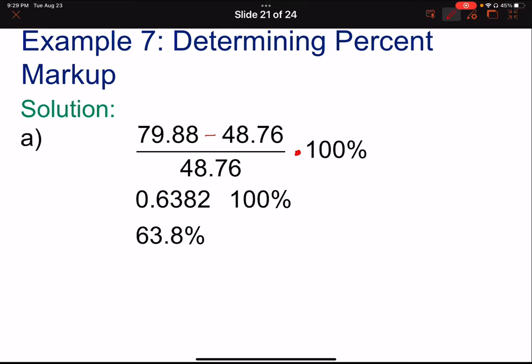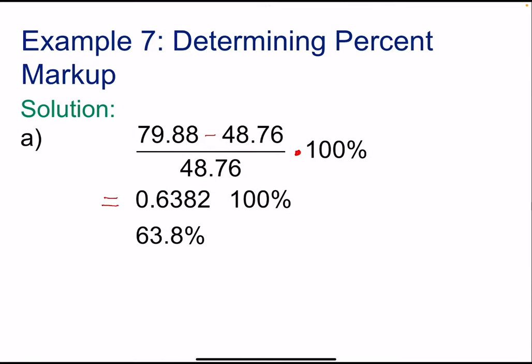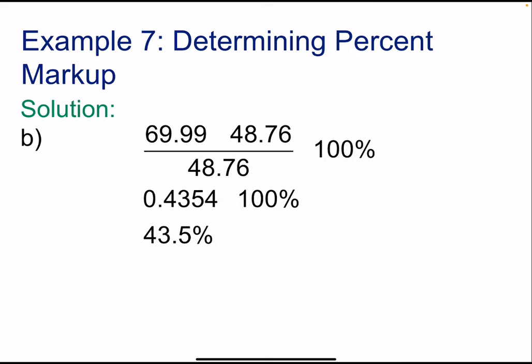So the difference divided by 48.76 equals 0.6382, multiplied by 100% equals 63.8%. So the markup for the regular selling price is quite high, more than half, I guess. 63.8%.